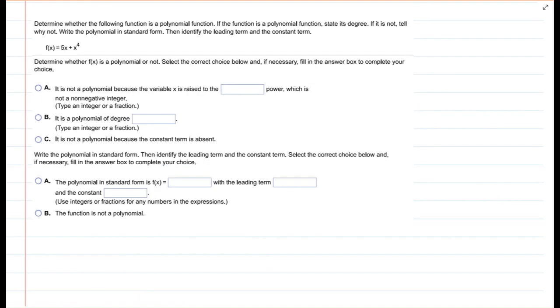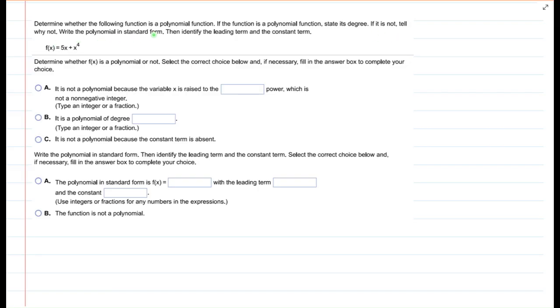The next problem is about polynomials. Determine whether the following function is a polynomial function. If the function is a polynomial function, state its degree. If it's not, tell why not.